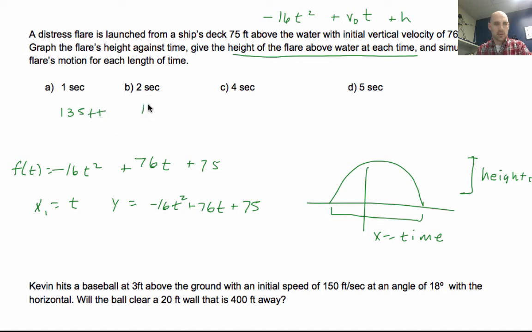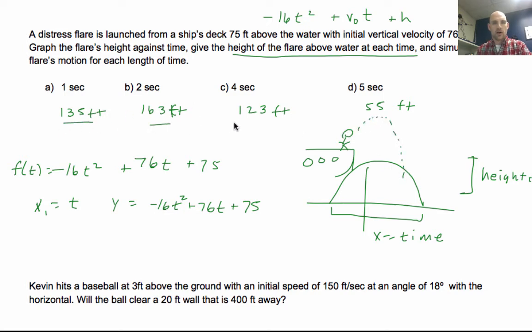At 2 seconds, it's 163 feet. At 4 seconds, it's 123 feet. And at 5 seconds, it's at 55 feet. Well, think about what that means. If I'm on a ship, here's my ship, little portholes, right? And I am this guy here, and I'm shooting that flare.